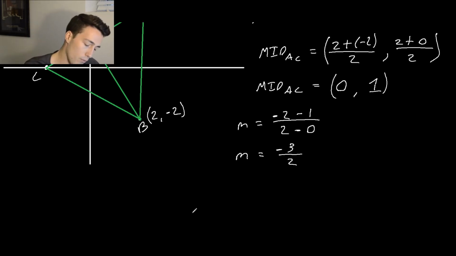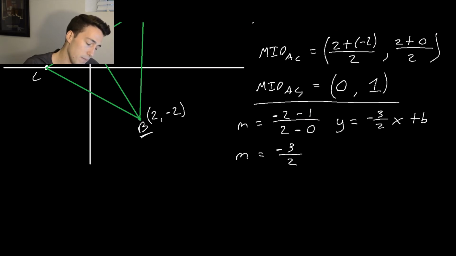Now that we have the slope, we can find the equation of the line. We have y equals mx plus b, and in this case our m is negative 3 over 2, so y equals negative 3 over 2 x plus b. Now we can sub in one of these points. We can sub in either point B or the midpoint of AC because this line goes through both. I'm going to use the midpoint of AC, so our y coordinate is 1. It's going to equal negative 3 over 2 times 0 plus b, because that's our x coordinate.